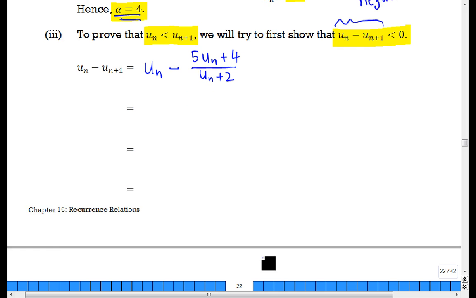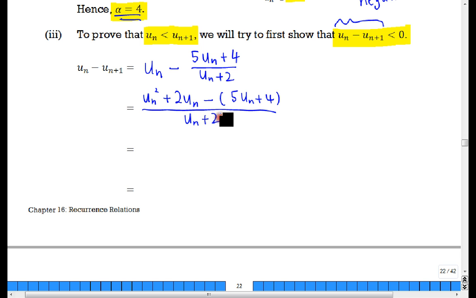So, we express this as un square plus 2un minus 5un plus 4 over un plus 2. Very good. Excellent. Then what do we get? We get a quadratic expression in the numerator, un square minus 3un minus 4 over un plus 2.